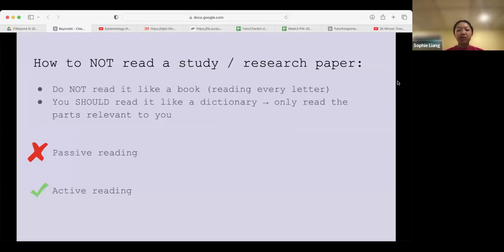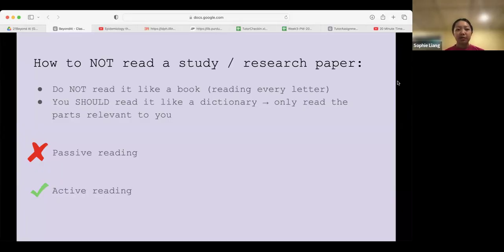Okay, so how should you not read a study or research paper? You should not read it like a book, reading every single letter. You should read it like a dictionary. That means you only read the parts that are important to you. You don't want to read every single thing front to back because you don't actually need to read all of it.